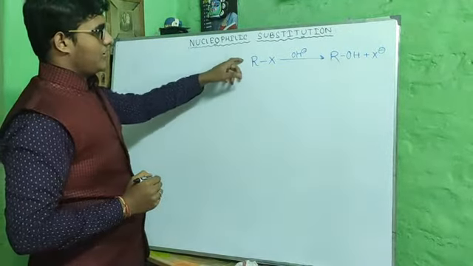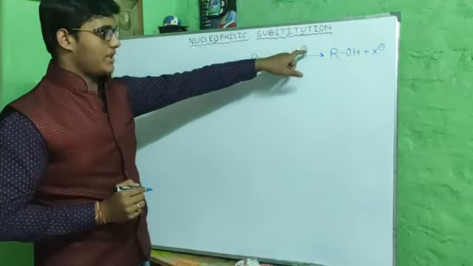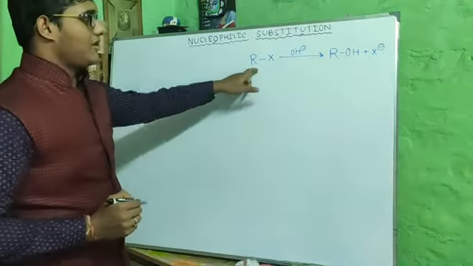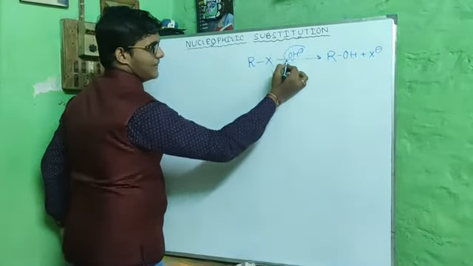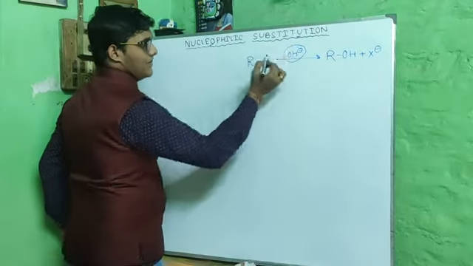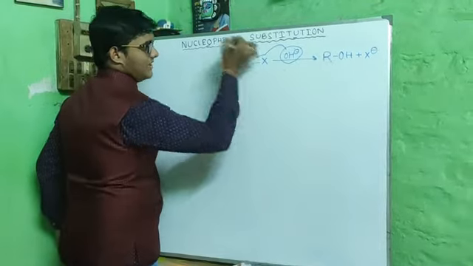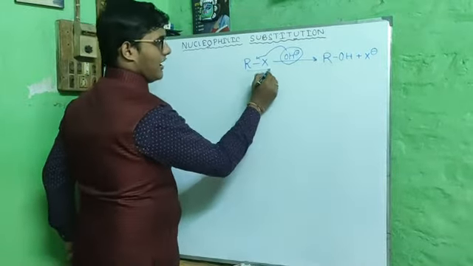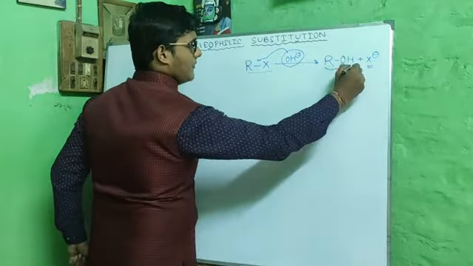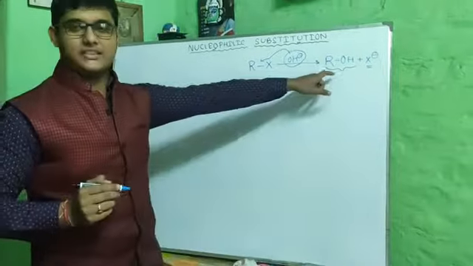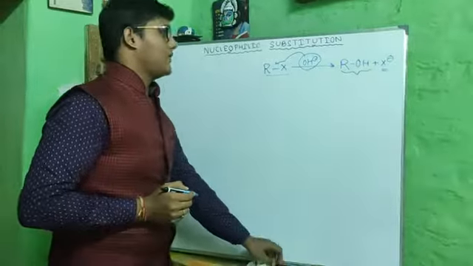If we introduce the compound RX into a medium rich in OH negative, we can see that the OH group is replacing the X group in this compound, furnishing an X negative, and finally giving ROH.